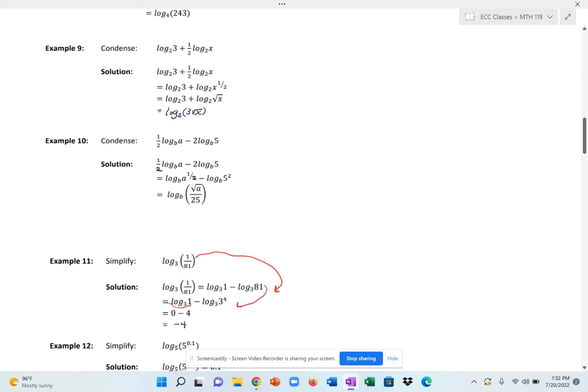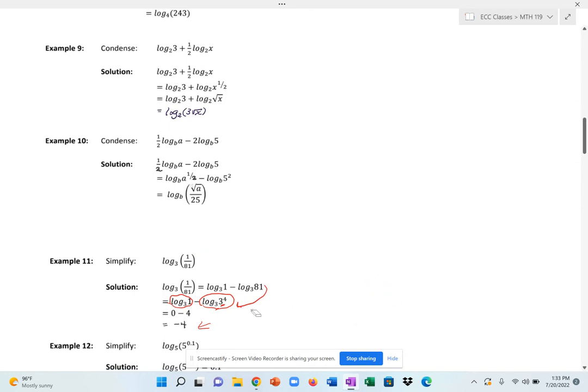So this logarithm is equal to 0, and that is because 3 to the 0 power equals 1. The answer is the exponent. And this was another rule that I mentioned. When these two bases are the same, it's just equal to the exponent. And so this will be 0 minus 4, so my answer is just negative 4.